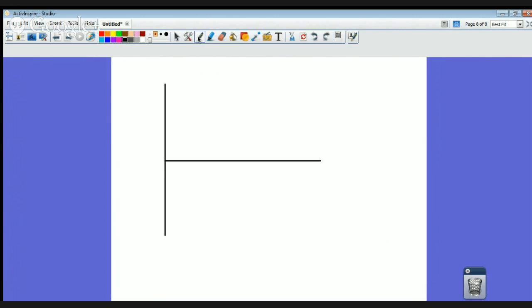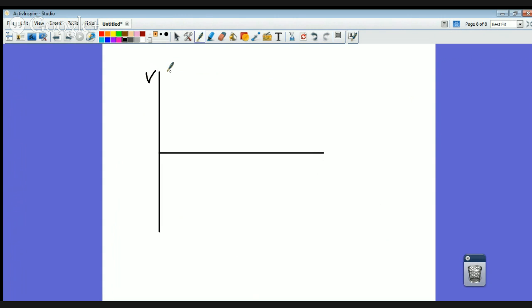We've been looking at a lot of these graphs. So velocity versus time. If you have a velocity time graph and you're trying to represent free fall, what is it going to look like?